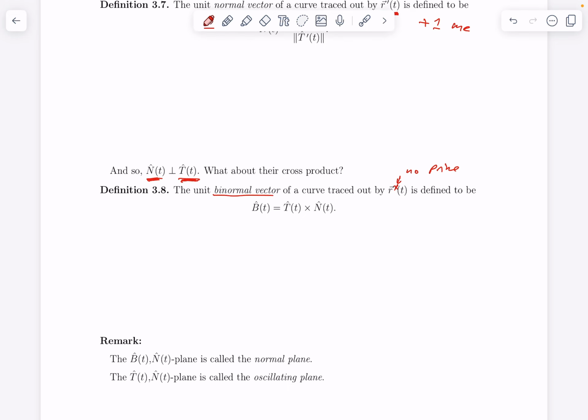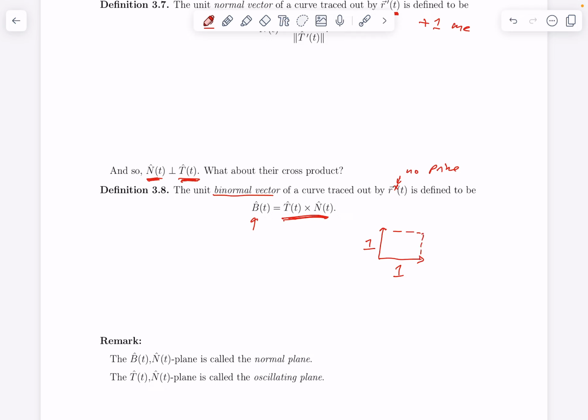But how do I know that this cross product is a unit vector? Well, the magnitude of the cross product is the area of the parallelogram.